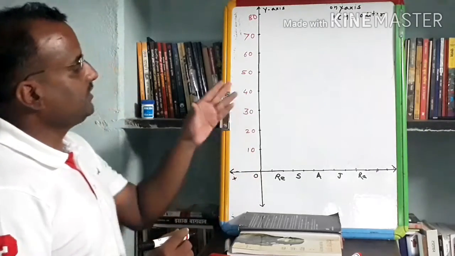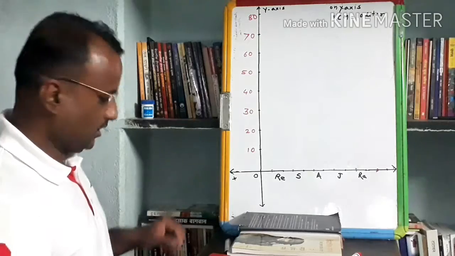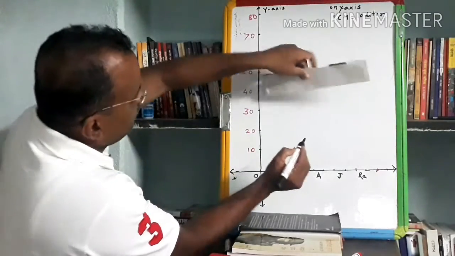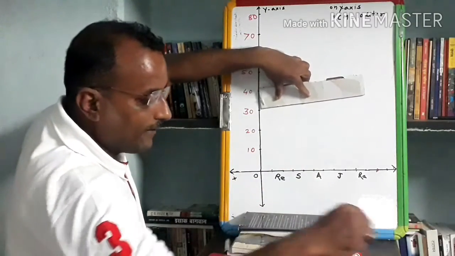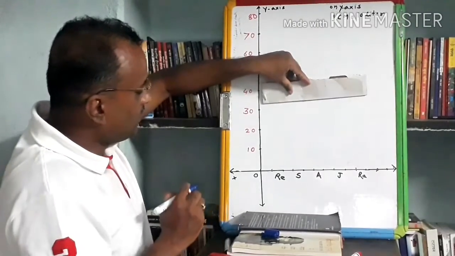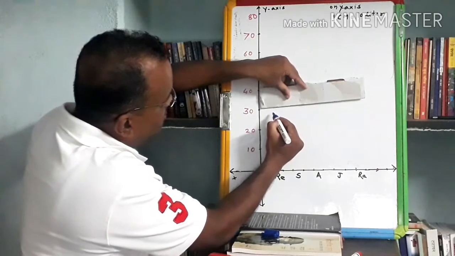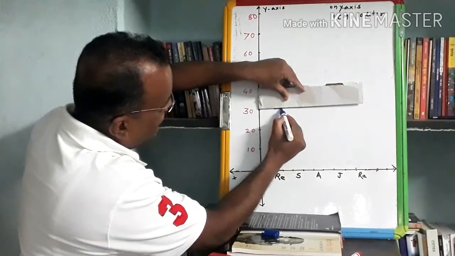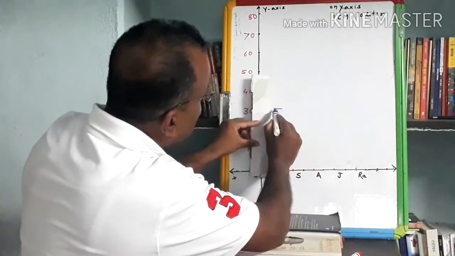So in the given data, Ramesh's family consumes 30 liters of water. With the help of the scale here, Ramesh's family consumes 30 liters here. So put the scale on 30 liters here and continue like this.